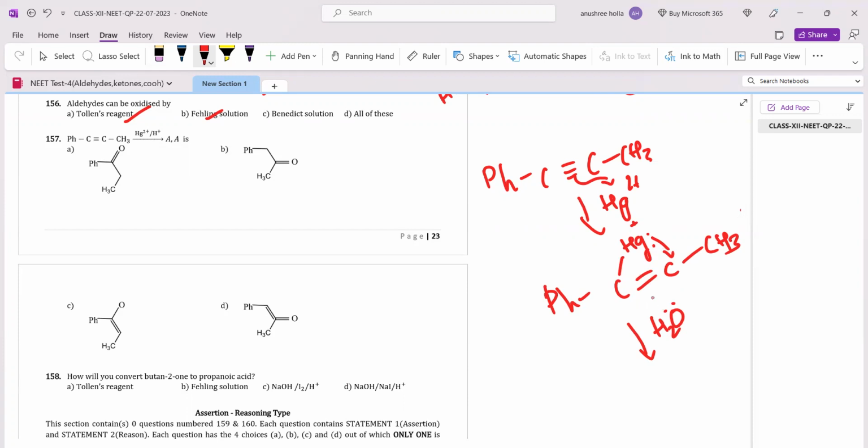This is anti-addition. So, if water gets added to this carbon, this will be highly stabilized. So, it will attack this carbon and this will break.